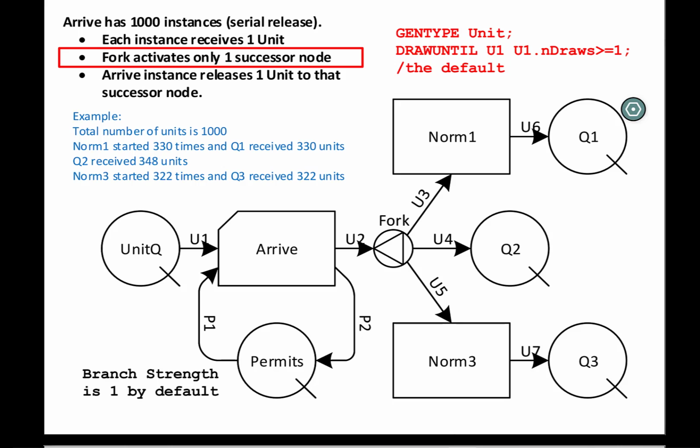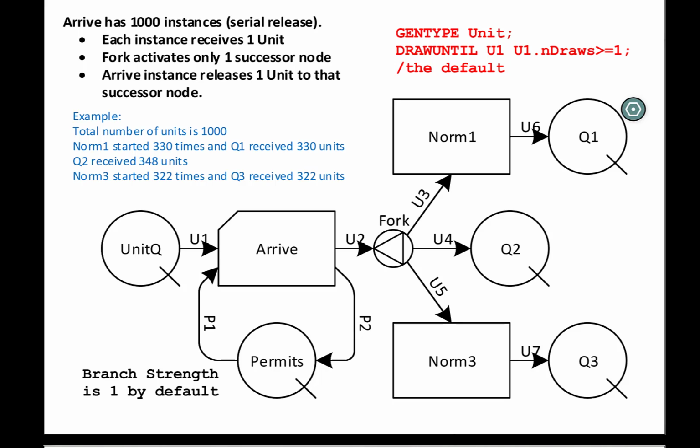The fork will choose one of the nodes U3, U4, U5 through a probabilistic process with equal probability. If, for example, link U3 is selected, then activity norm1 will create an instance, and the terminating instance of combi arrive will send the one unit that it holds through links U2 and U3 to the instance of norm1, which will eventually pass it on to Q1.